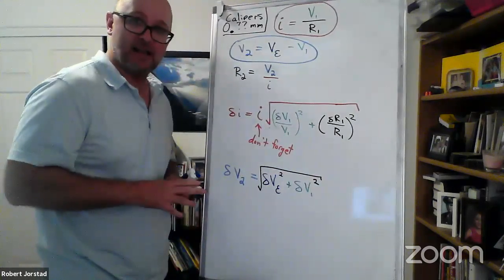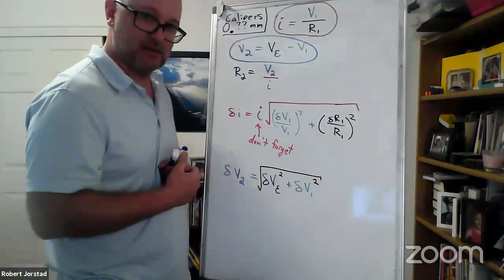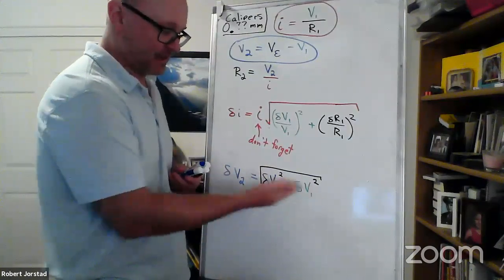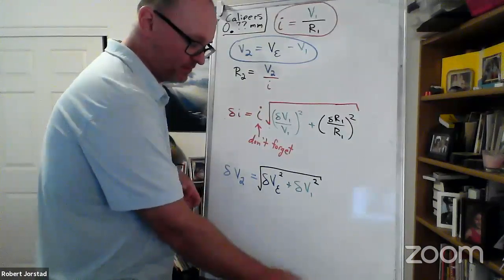It turns out just adding up the errors is an overestimate. By doing it this way, we actually get a best estimate for this. So this is the technique that I would suggest that we use since it's easy to do in Excel. Do you have that formula written down? Yep. Ryan, are you paying attention to this or no?